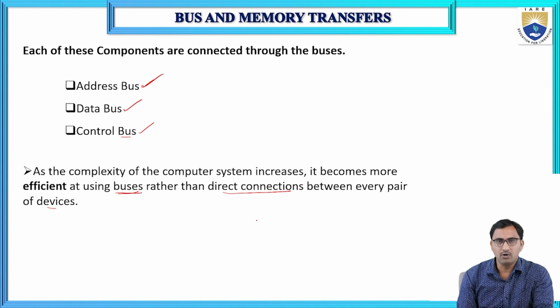To overcome these drawbacks, we use buses. By using buses, we can reduce the complexity and cost, and also improve the performance, because buses consume less power. These are the advantages of using buses. So using buses is an efficient way.